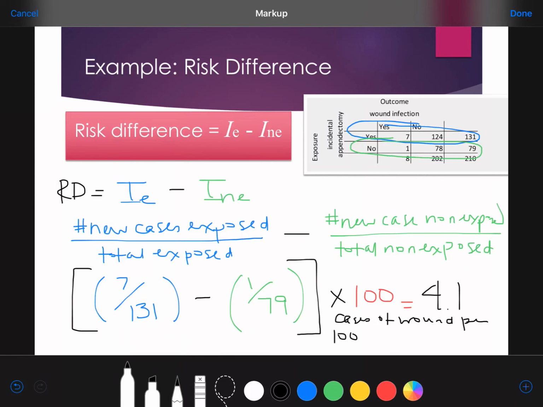What does that mean? That means those individuals who had incidental appendectomies had 4.1 more cases of wound infection per 100 people than those individuals who did not have an incidental appendectomy. 4.1 more cases if you were exposed than if you were not exposed.